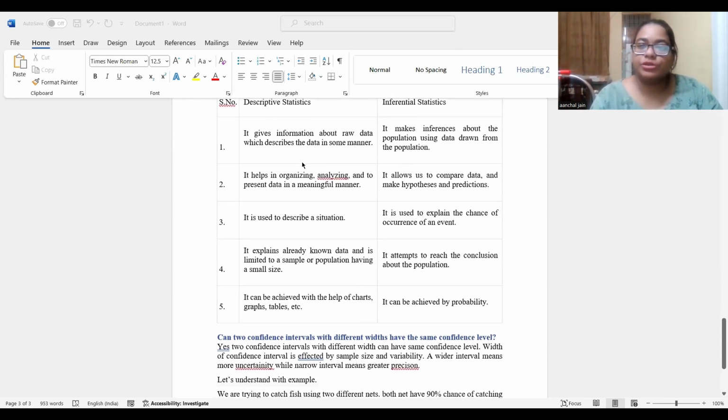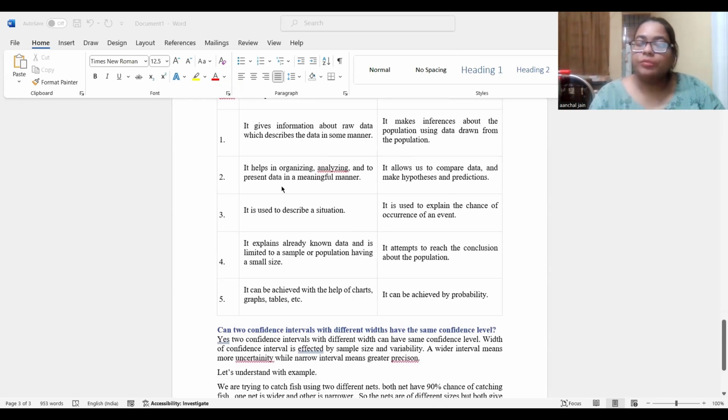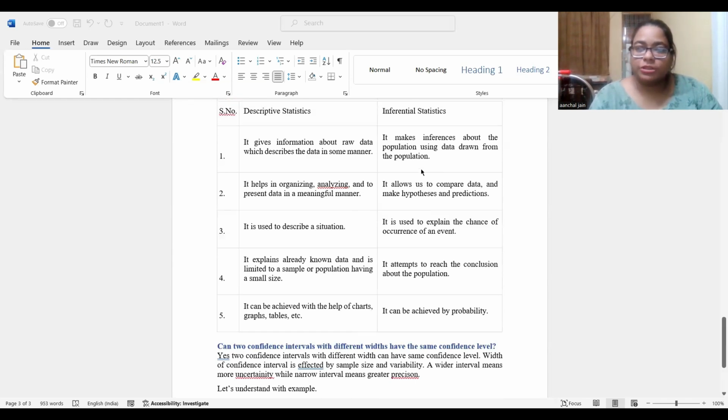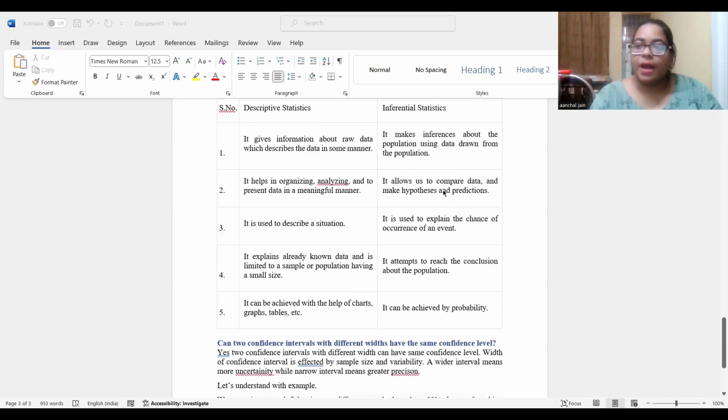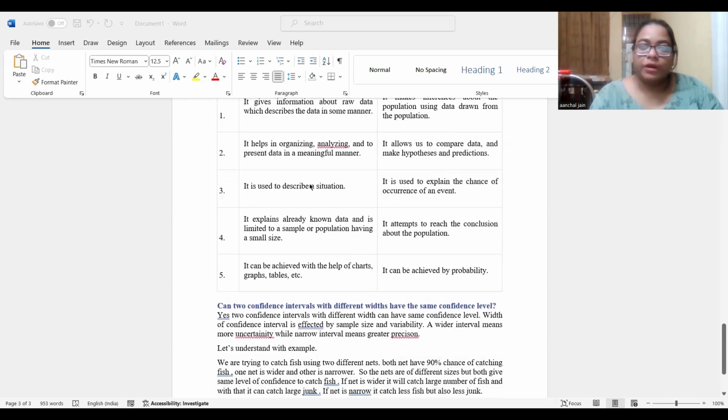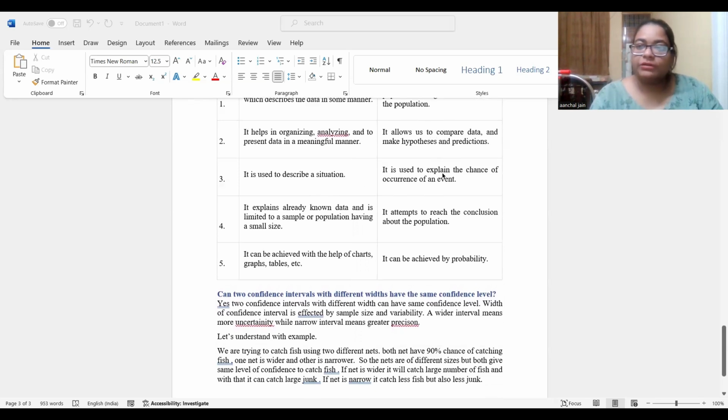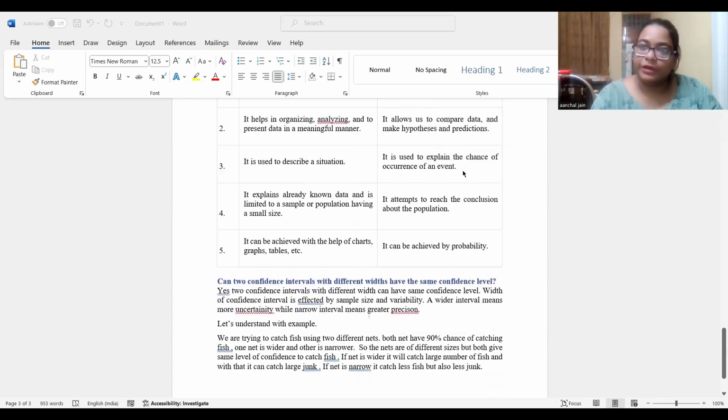Descriptive statistics helps in organizing, analyzing, and presenting the data in a meaningful manner, while inferential statistics helps us to compare the data, make hypotheses and predictions. Descriptive statistics is used to describe a situation, while inferential statistics is used to explain the chance of the occurrence of an event.